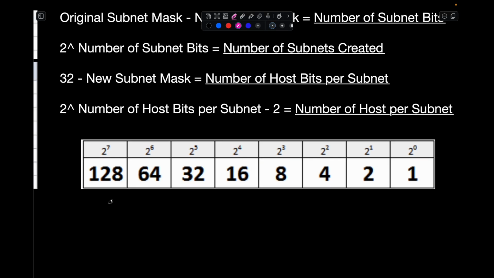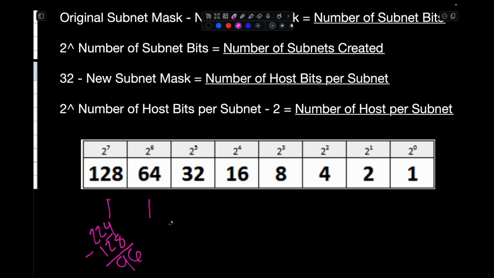Is 224 bigger than 128? It is, so this one is on. That's a 1. Now we subtract 224 minus 128. The total is 96. Now, is 96 bigger than 64?